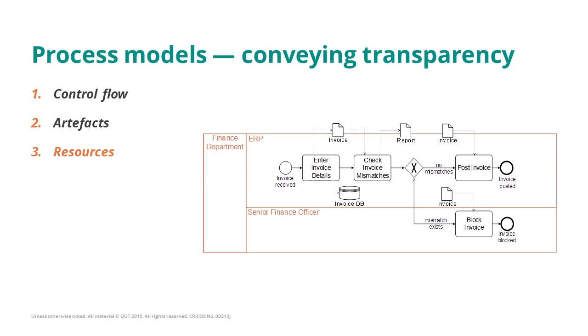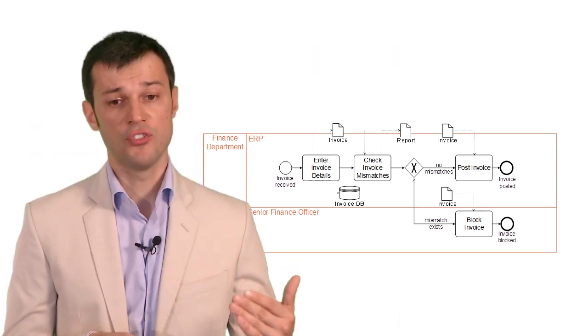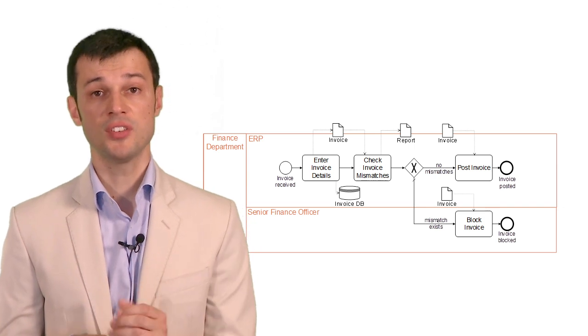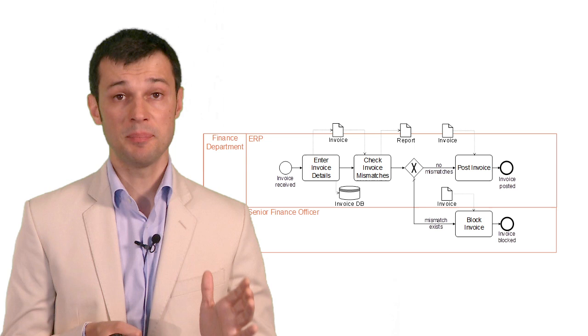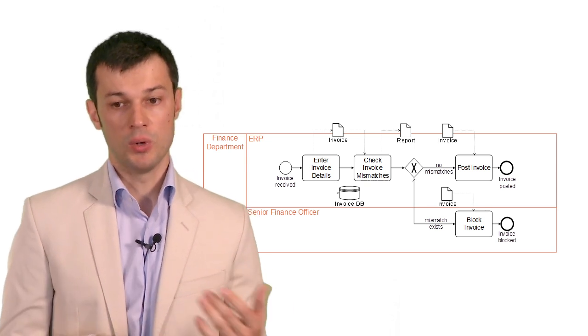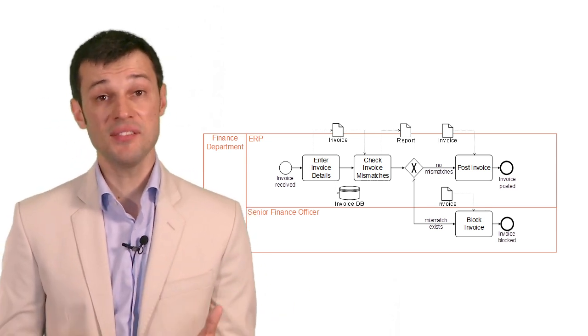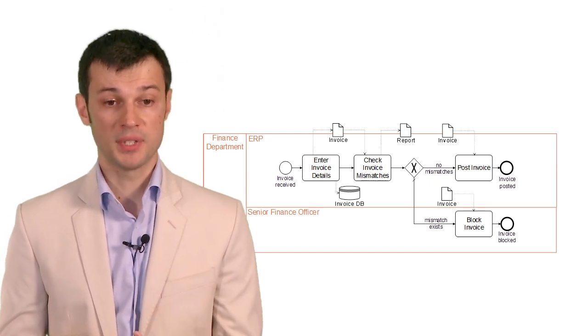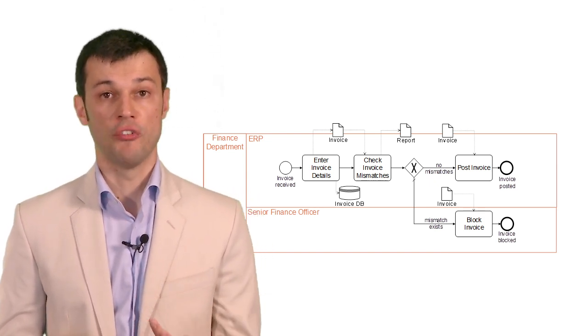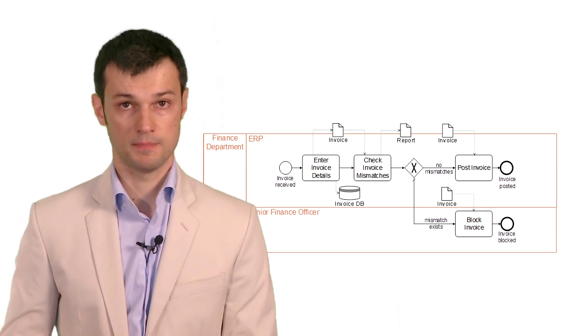In this example, enter invoice details, check invoice for mismatches, and post invoice are automated activities because they are performed by the ERP software system. Whereas block the invoice is an activity that requires manual checking, and as such, it is performed by a senior finance officer, so a human resource.